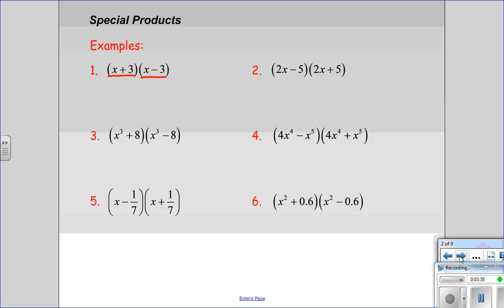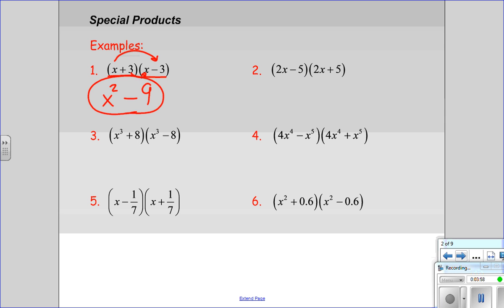So in this example, we multiply our x's together to get x squared. That's our a squared. And then we multiply our 3's together to get minus 9. And that is our product. Because if we were to multiply our outer and our inner terms, these would have canceled each other out anyhow.